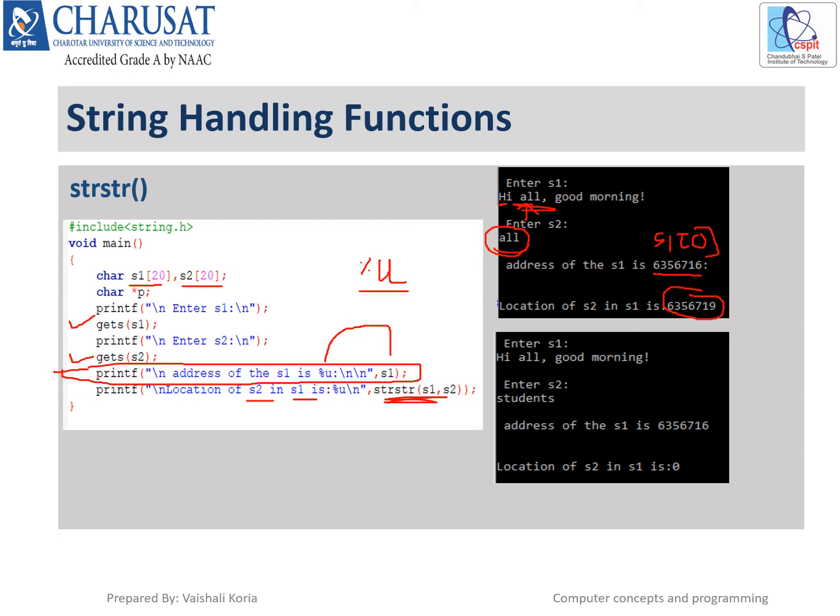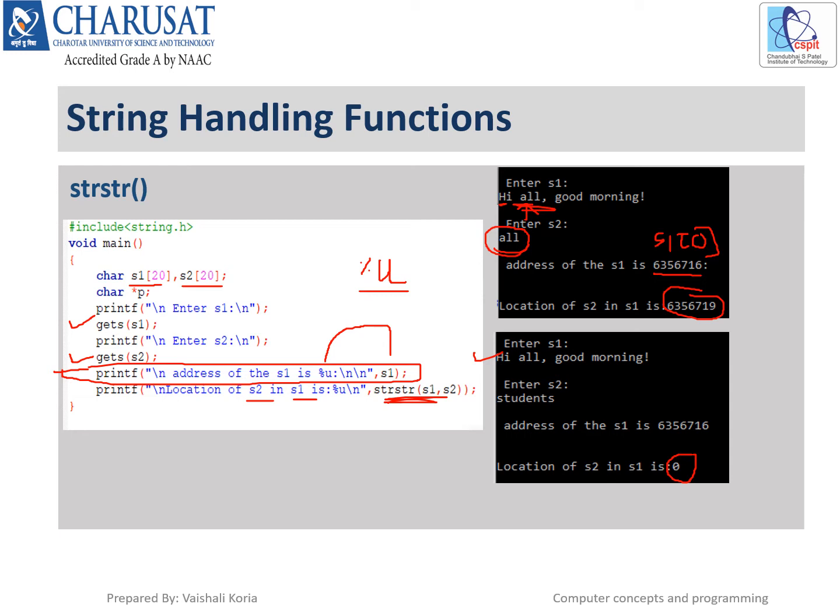This is the case if s2 is a substring of s1. But suppose our input is that s1 is "hi all good morning" and s2 is "student". We want to find the string "student" in s1, but it is not there, so in this case it will return null, which is represented by 0 in the output.